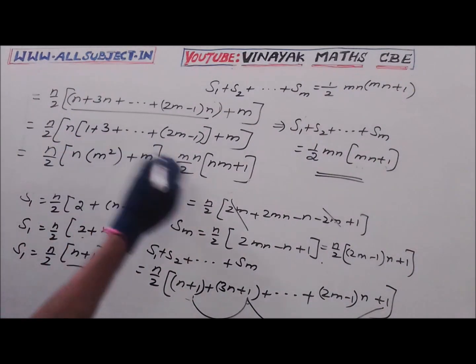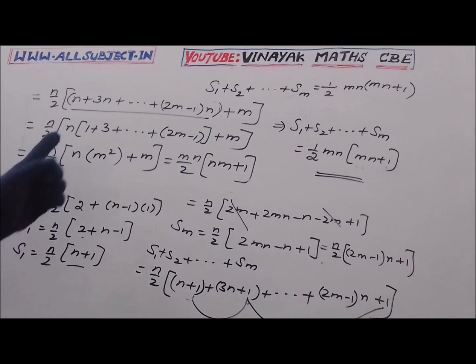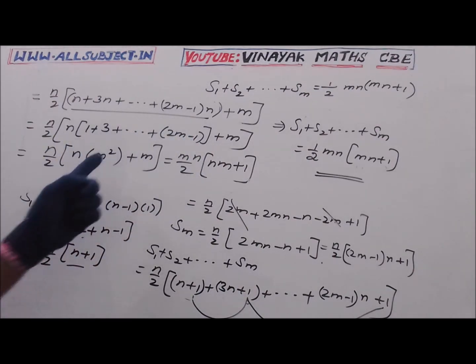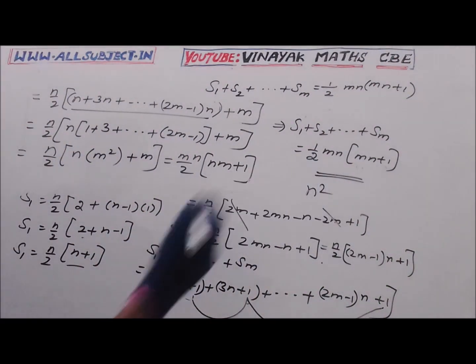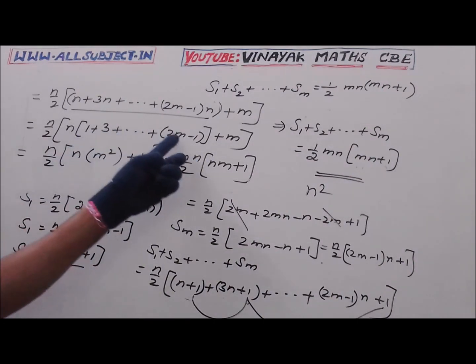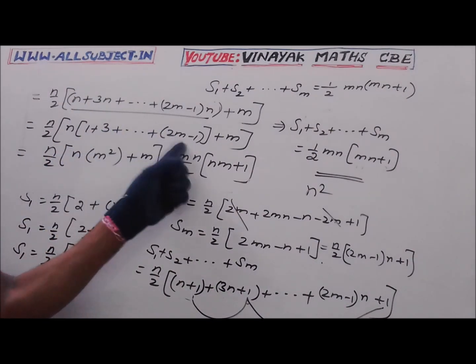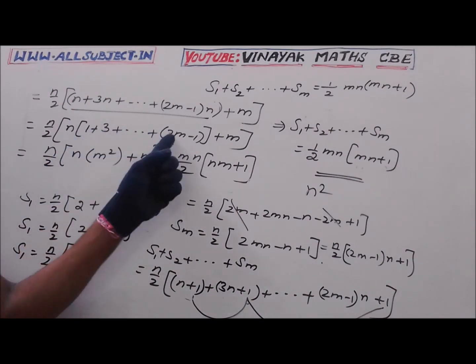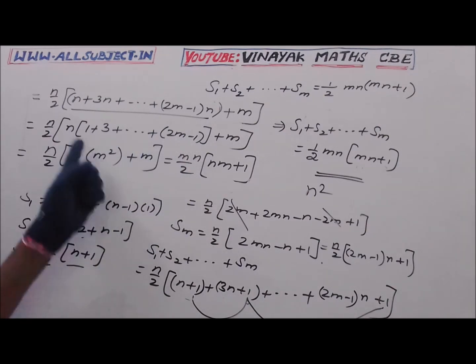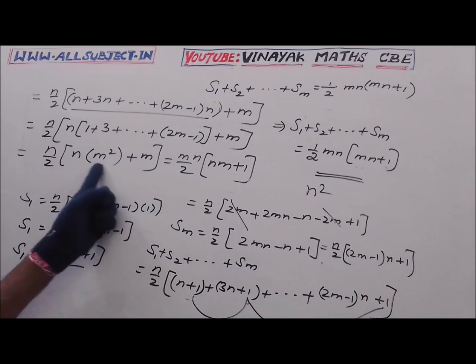Look here. The sum of the first n odd natural numbers will be equal to n square. Here this is 2m minus 1, so we have the first m odd numbers. So the sum of the first m odd numbers is m square. So 1 plus 3 plus etc. plus 2m minus 1 will be equal to m square.